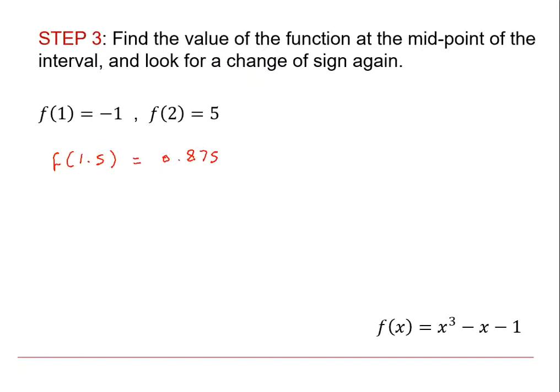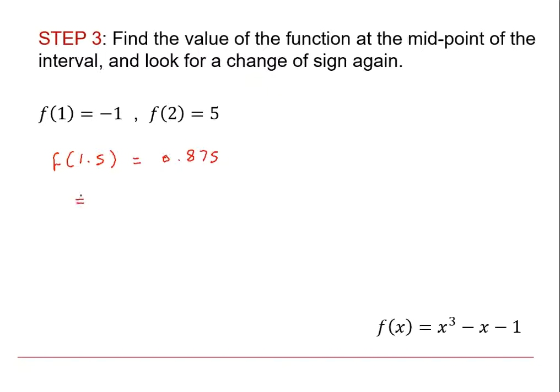So now we've got an improvement on that 5, we're now 0.875, so we want another change of sign, and clearly 1.5 is going to be a better value to have for x than 2, giving a value of the function much closer to 0.